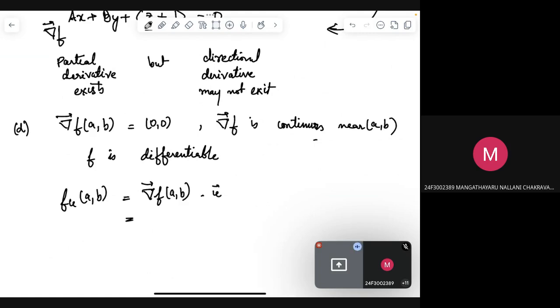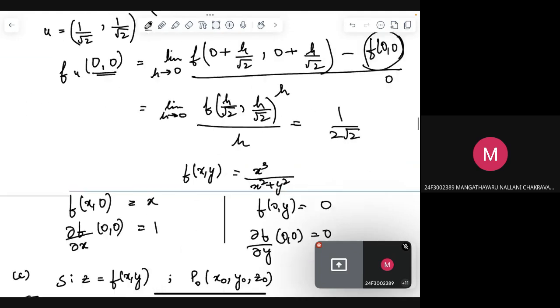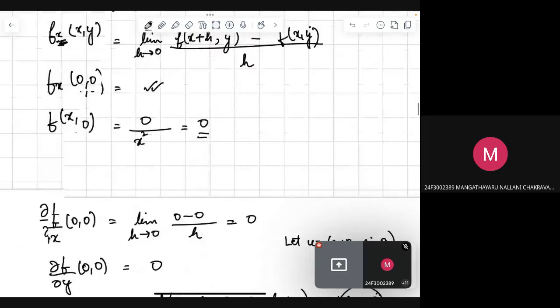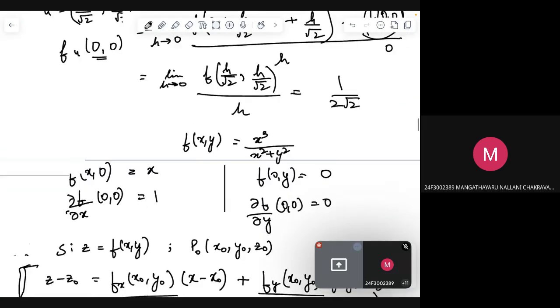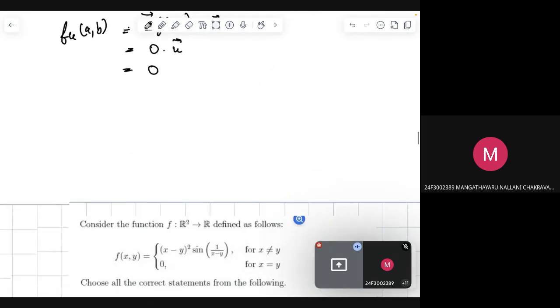The gradient is given as 0, so the result will be 0. So the last option is correct, right? Okay. So now we go to the next problem.